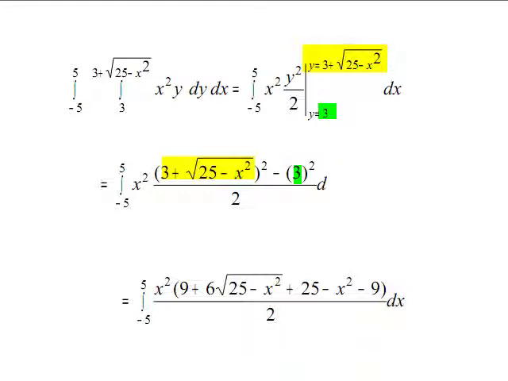Now you can work that out and integrate it. This is dx on the end, just like it is here. But when you get done with this first integration, now you have an integral with respect to x only and constant limits, and you can carry that out.